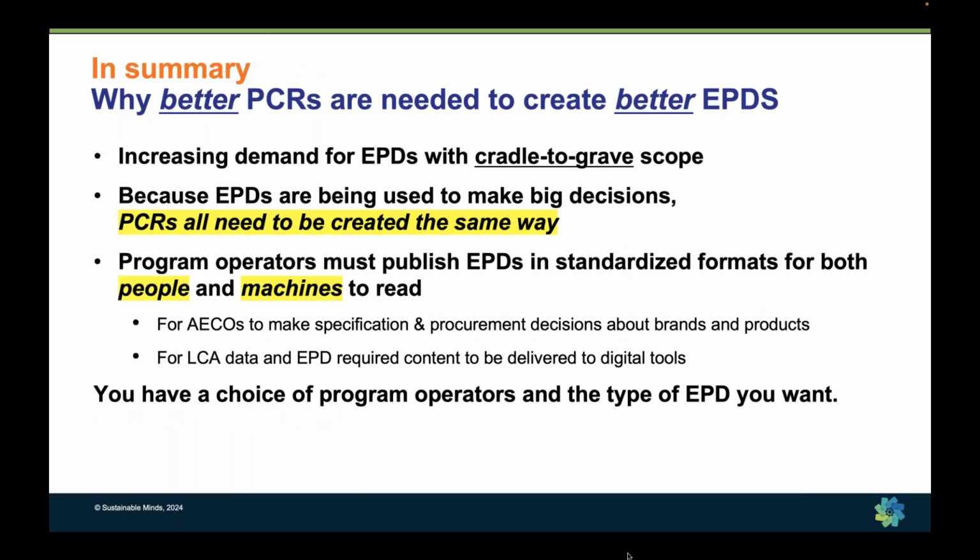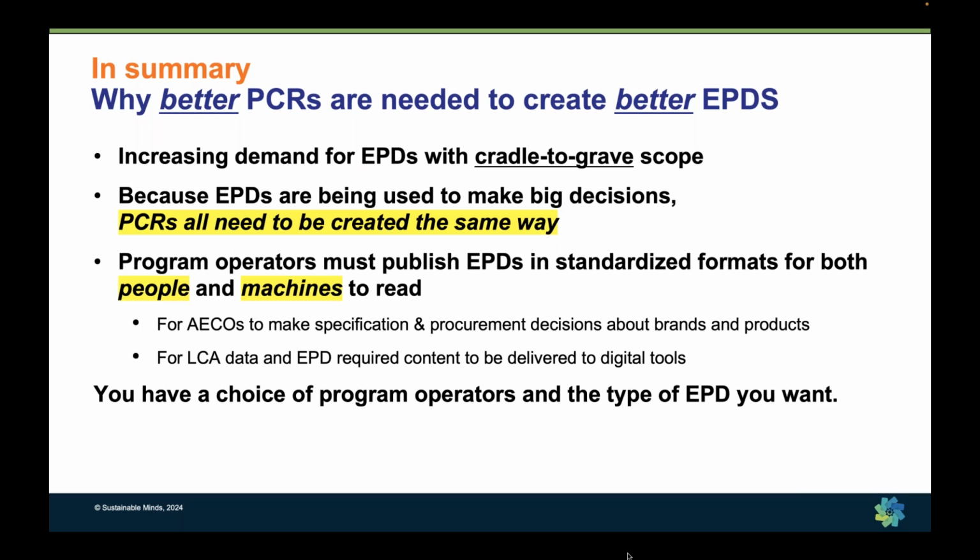Thank you, Kim. So in summary, this is why better PCRs are needed to create better EPDs. So recapping what we learned today, and in part one, there's more demand for EPDs that are cradle to grave in scope.